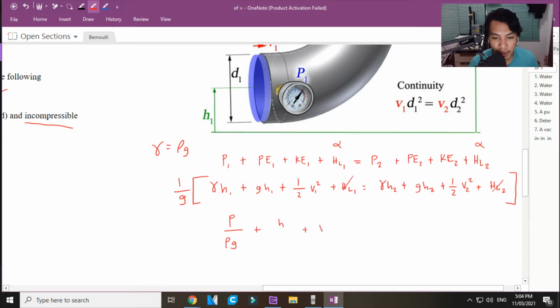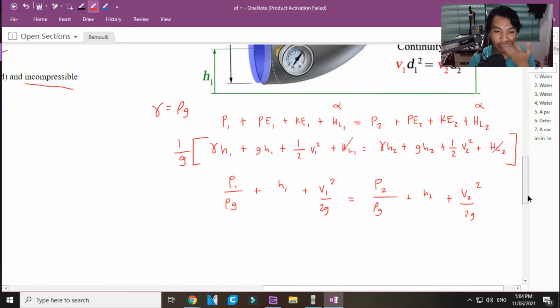Plus V squared over 2G equal to P1 over rho G plus H1, H2 plus V2 squared over 2G. Now, ito yung naging equation niya dyan.